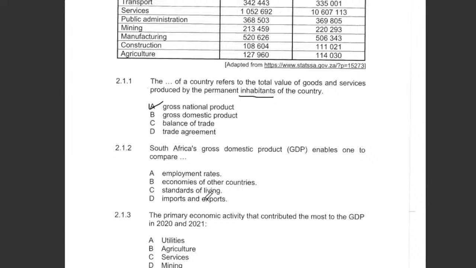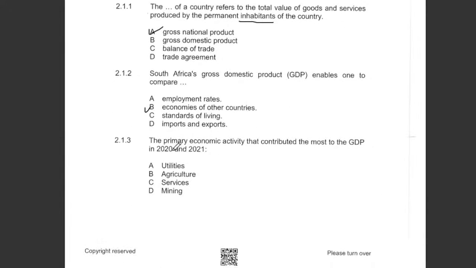Not really. Important exports, not really. They all look similar, but to me, I would choose B, economies of other countries. So you compare your country's GDP so that you can look at how you are performing in relation to other countries. That's what I look at, and that's what I see.